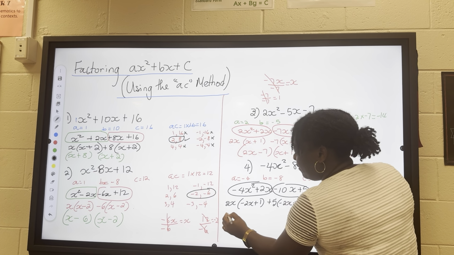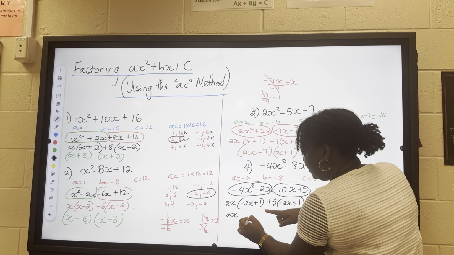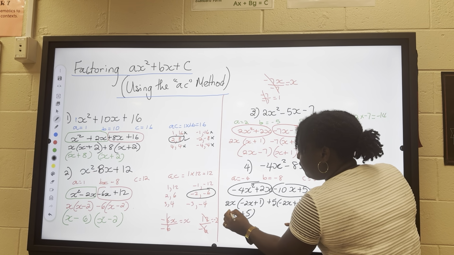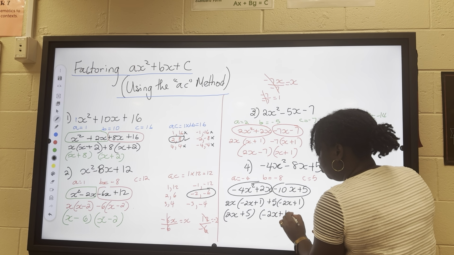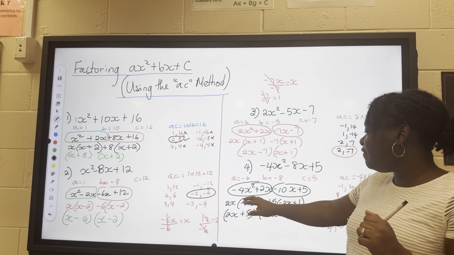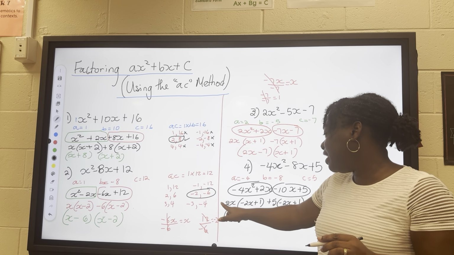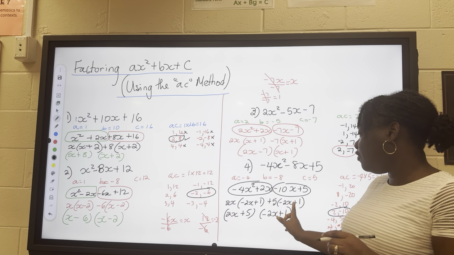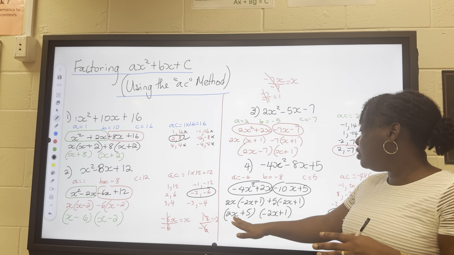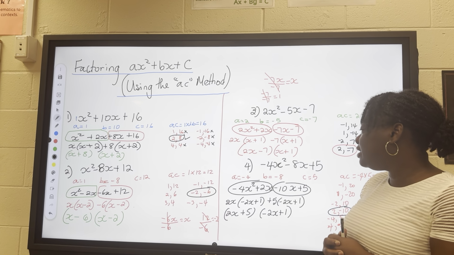Brackets. So my factors are 2x plus 5 and negative 2x plus 1. Now right here, if I wanted, I could have pulled a negative 2x there, and then that would change whatever is right there, and you'll end up with the final answer being the same thing.